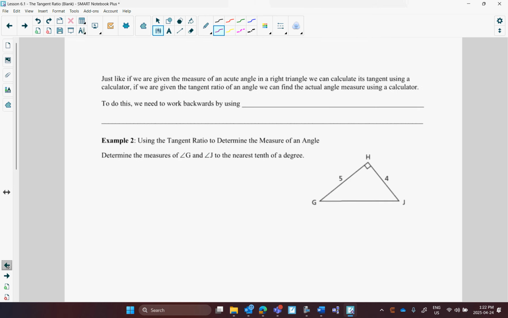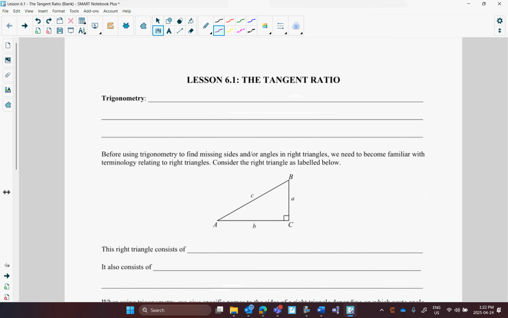And trigonometry literally means triangle measurement. It's Greek. The literal translation of trigonometry is triangle measurement.